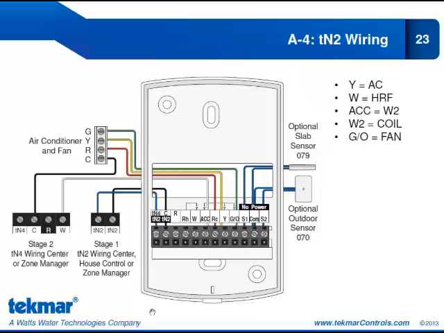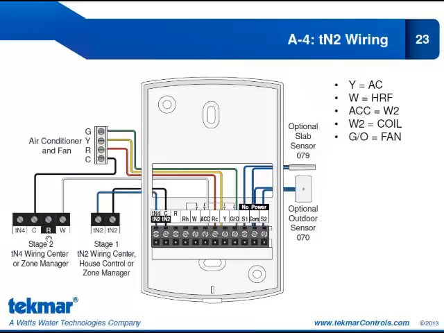The radiant floor communicated through the TN2 to our house control in this case. Our second stage of heat is through the accessory relay. So we have the R coming in from the air conditioner, the accessory relay for our second stage heat coming to the W on the TN4 wiring center.